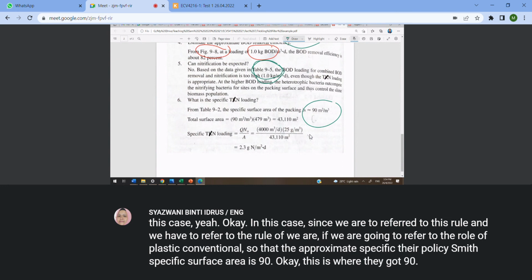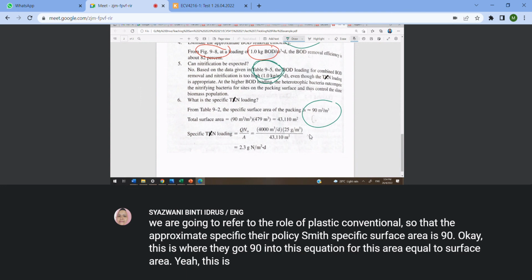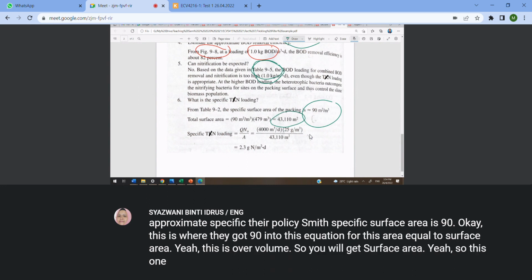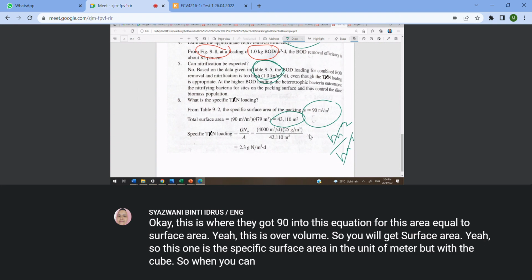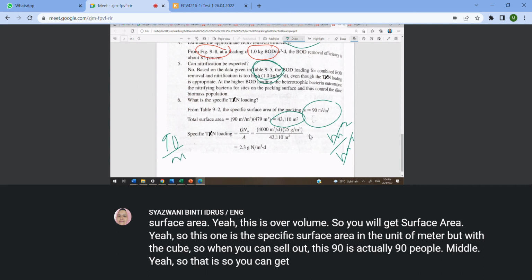Then you substitute into this equation. Total surface area equals specific surface area over volume. So this one is the specific surface area in the unit of meter per meter cube. When you cancel out, this 90 is actually 90 per meter, so that is why you can get meter squared here.